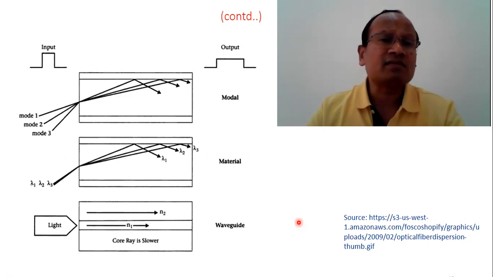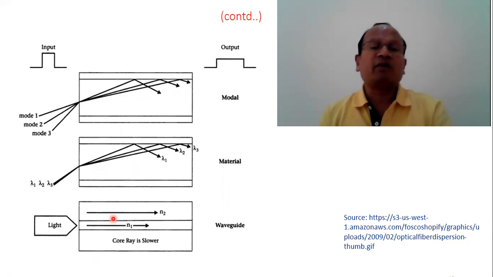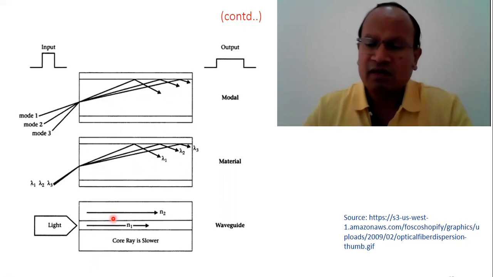So all these can be seen in this picture. In modal dispersion, you see there is an interference between the two modes. Material dispersion is due to some composition factors inside the material itself, and in waveguide dispersion you can say there are different wavelengths and different colors having different velocities traveling.